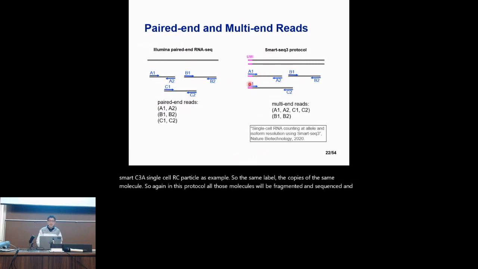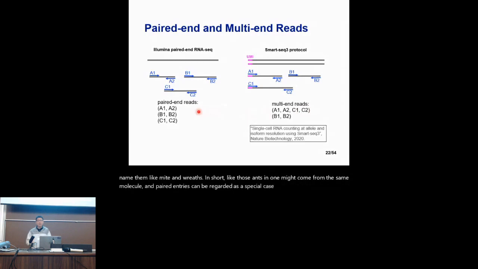And if we see the same UMI from two ends, let's see here, A1 and C1, then we know that they come from the same molecule. And therefore, all those four ends, A1, A2, C1, C2, are known to come from the same molecule. And we name them multi-end reads. In short, those ends in one multi-end read come from the same molecule. And paired-end reads can be regarded as a special case of multi-end reads.